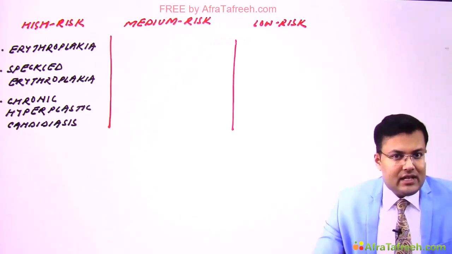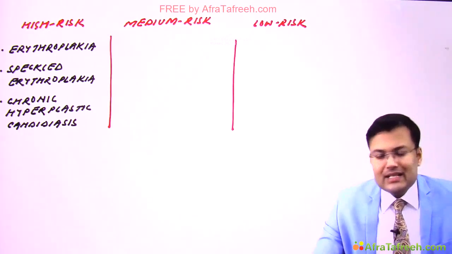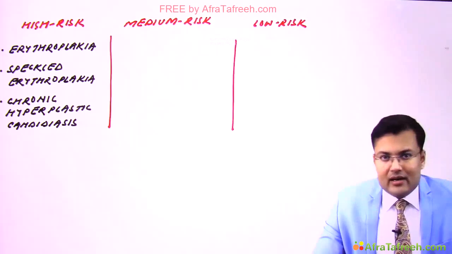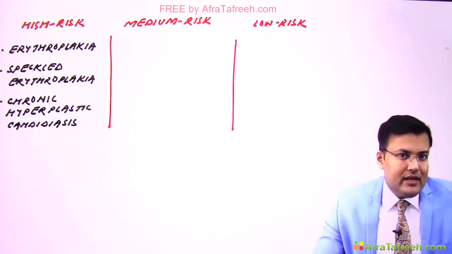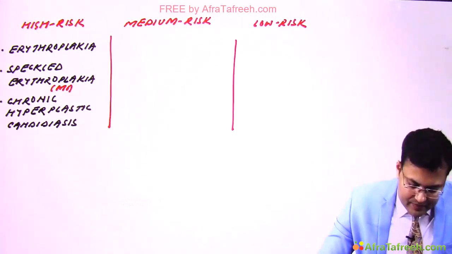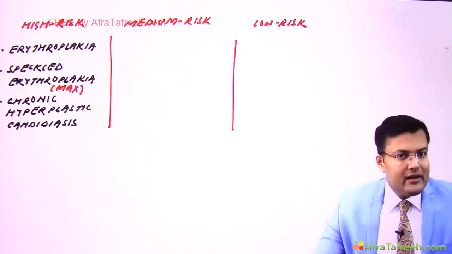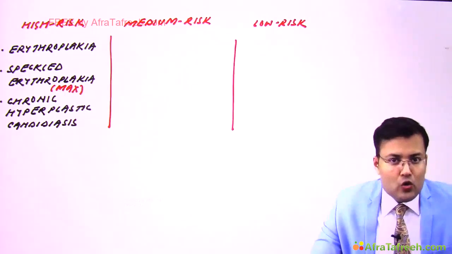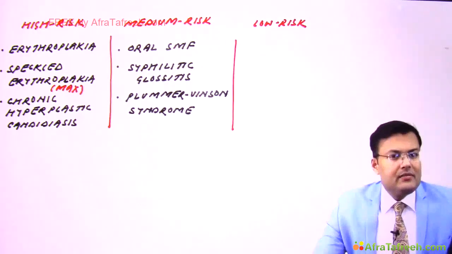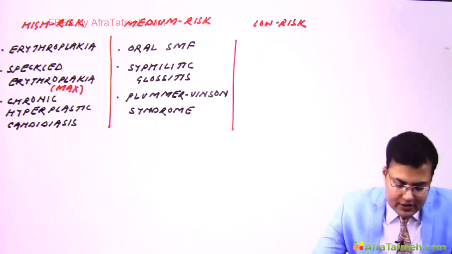And then the question is asked, which one is having maximum risk of malignancy? Among leukoplakia, erythroplakia and speckled erythroplakia, this one is having maximum risk. Okay, and leukoplakia is having lowest risk. Clear? So these are the high risk lesions. The medium risk lesions are oral submucous fibrosis.